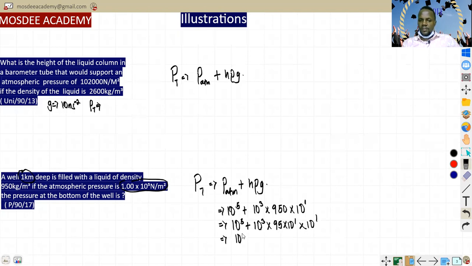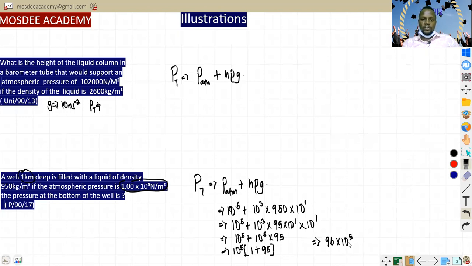That is 10 raised to the power 5 plus 10 raised to the power 5 multiplied by 95. So we can factorize. 10 raised to the power 5 is common, because in the absence of a calculator, 1 plus 95 is 96. So the direct answer is 96 times 10 raised to the power 5.